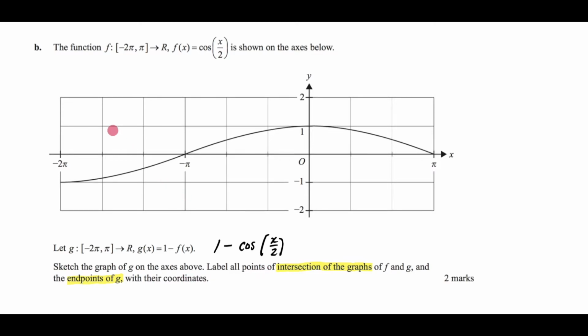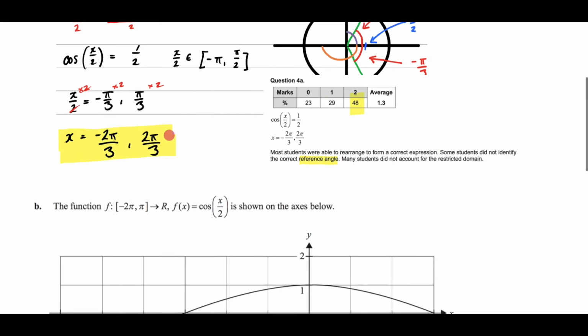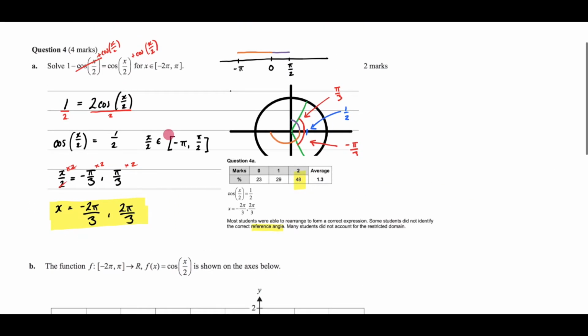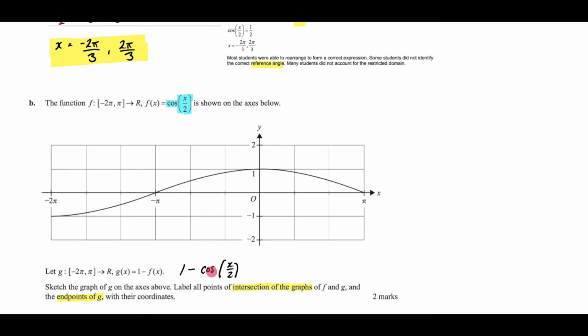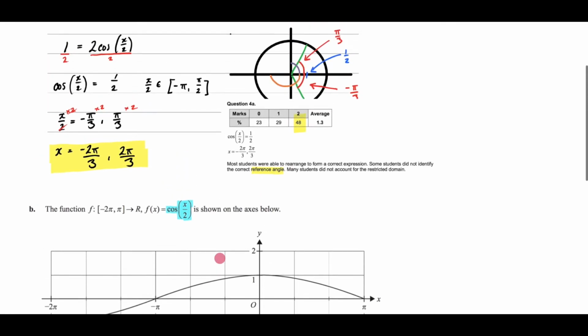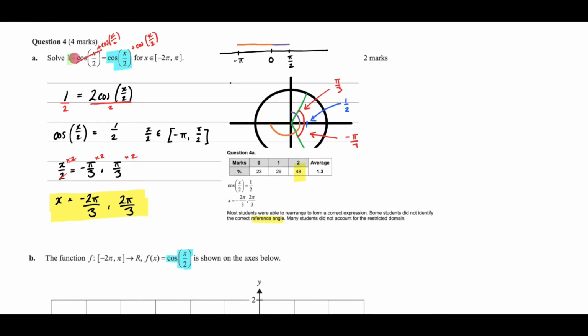What you also need to take note of is, if we just come up here for a moment and scroll out, as you can see here, I have cos of pi on 2, and that's simply this over here. And we're also dealing with 1 minus cos of x on 2. If I was just to highlight this for a moment, that is simply over on this side right there. So why is that important?